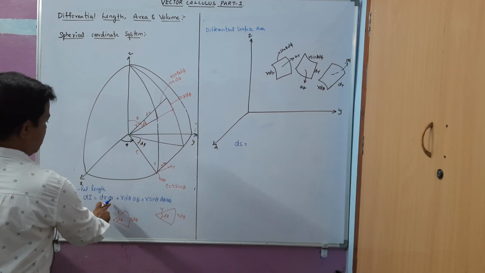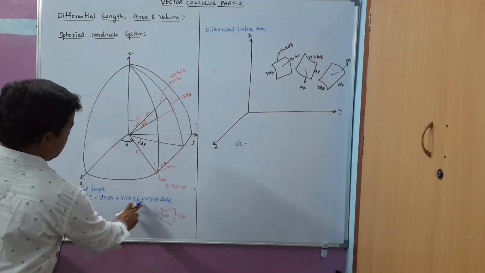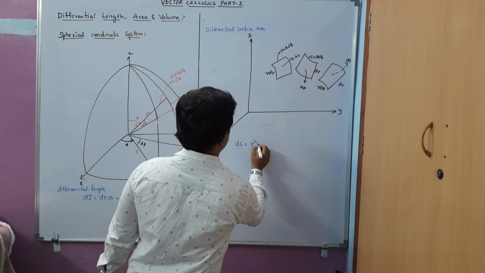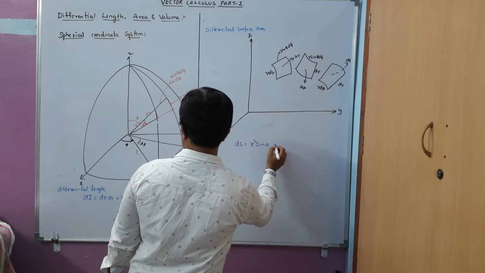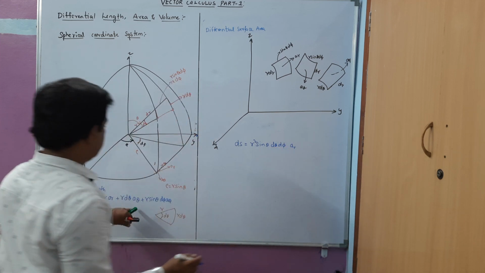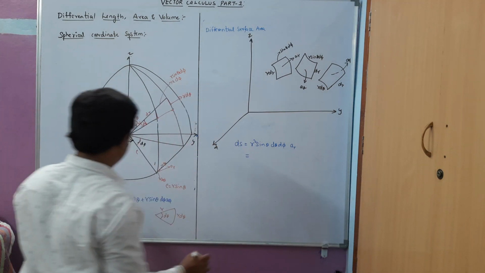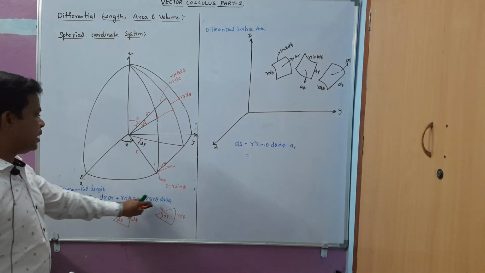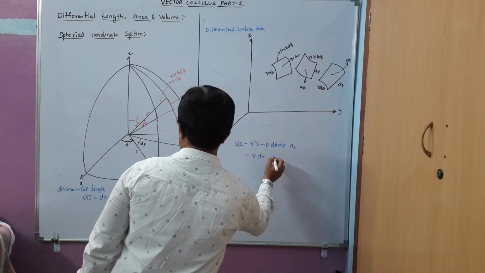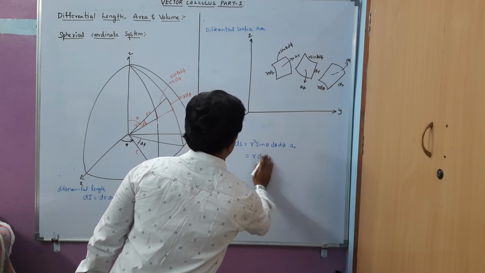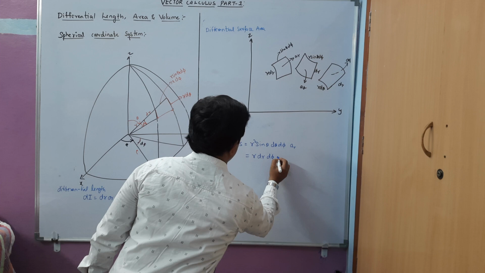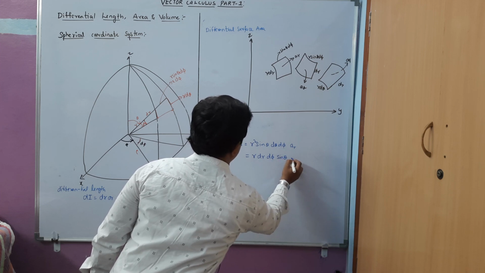Along A_R, it is R square sin theta d theta d phi into A_R. Along the A theta direction, we take the product of the other two, giving R sin theta dr d phi into A theta.